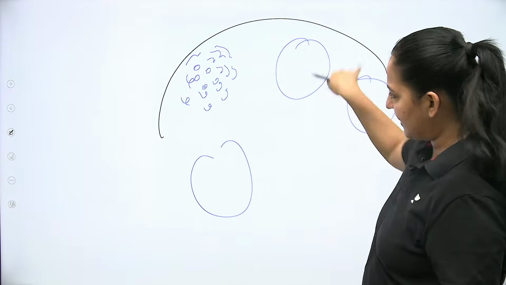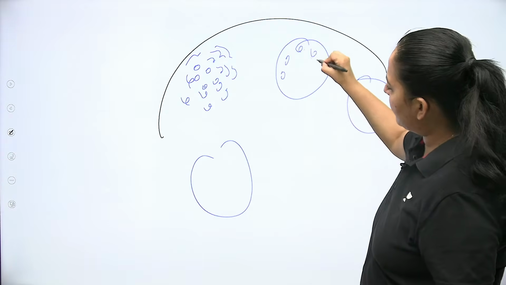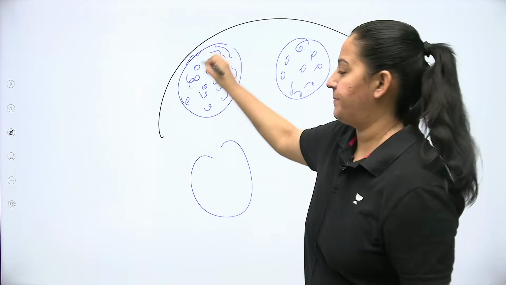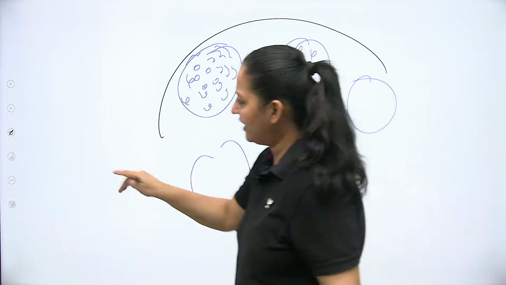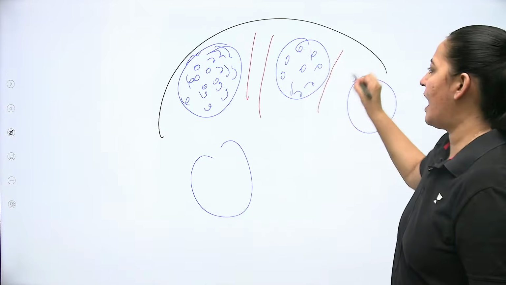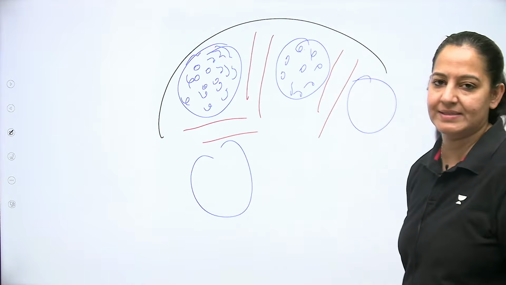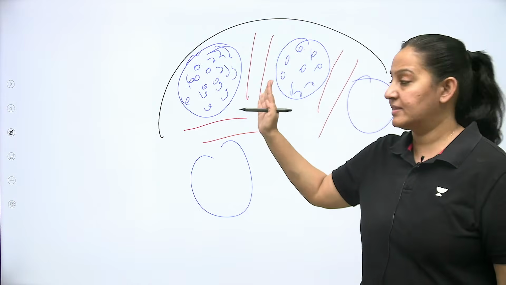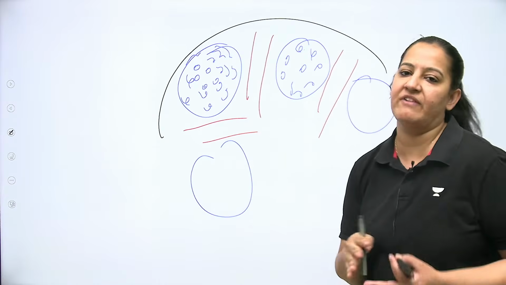These are the follicles, this is white pulp. In between the follicles, we have blood vessels, capillaries, known as sinusoids. This is red pulp.